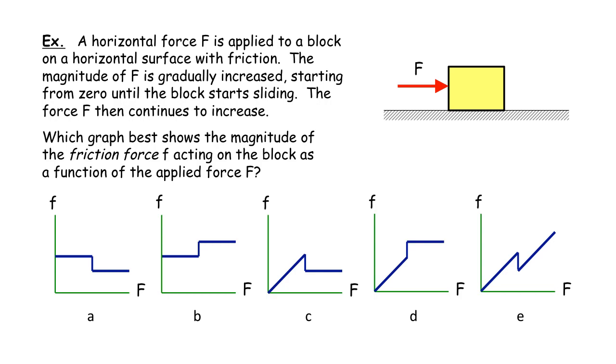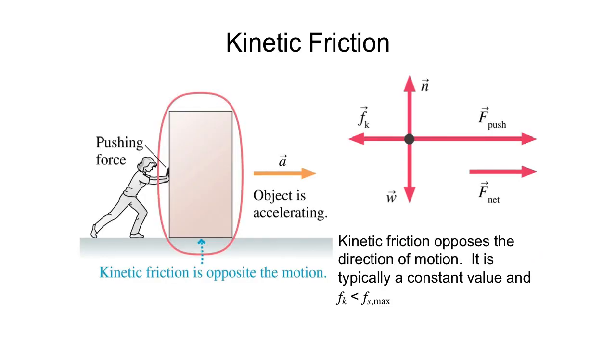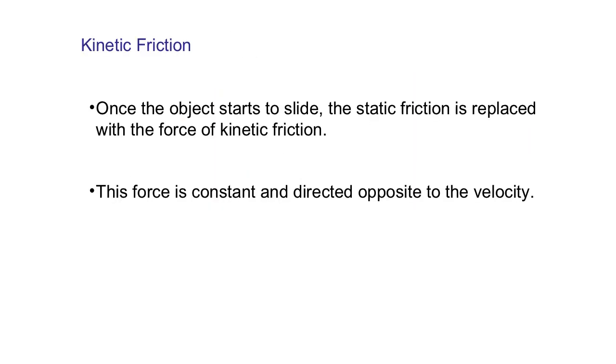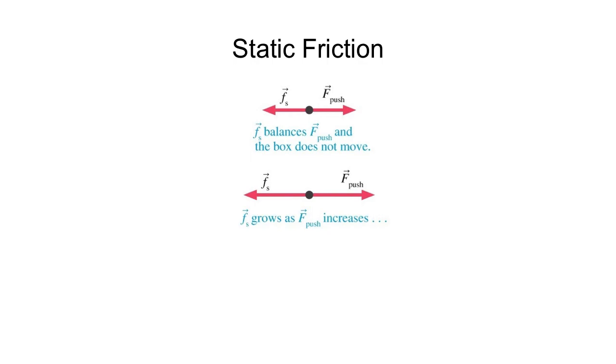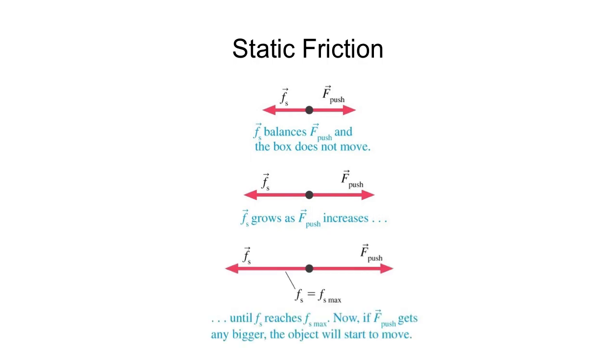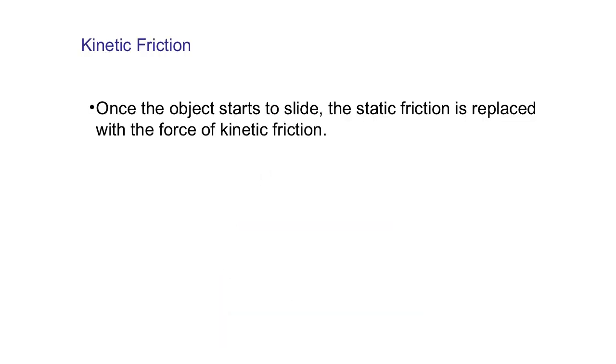It's a constant force. We basically said this in words and through examples several times. Kinetic friction is a constant directed opposite the velocity. When we studied this picture, we said that as I increase the push, there's a linear increase in the force of friction. The harder I push, the larger the static frictional force.